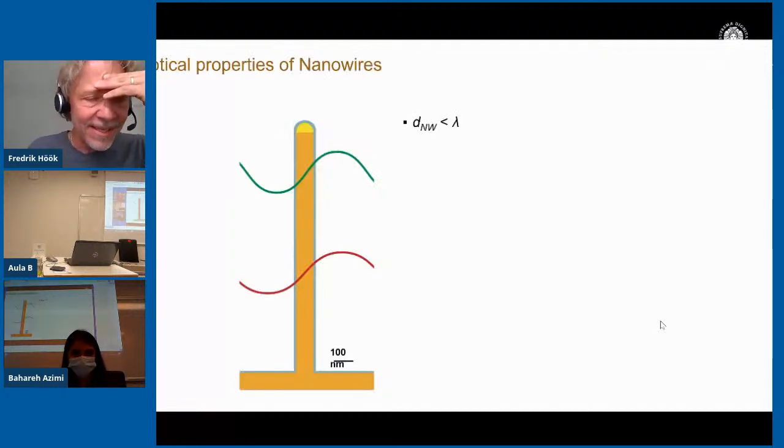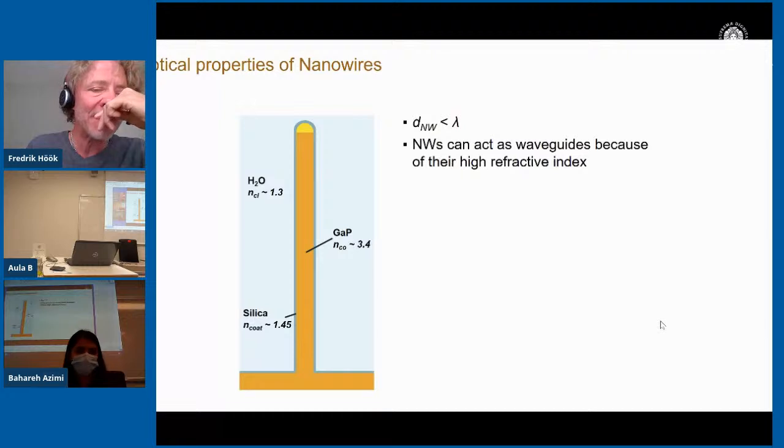And the reason that they can act as a guide of light is the fact that their dimension is lower than the wavelength of light, which leads to an incoupling of light.